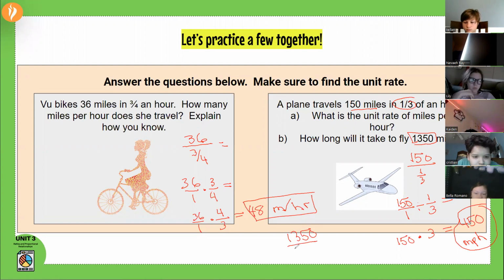We're dividing by 450, and the answer is it would take them 3 hours, and a lot of you got that right. Good job. Okay, so don't be scared of fractions. Even though it's fractions, we're still doing what we did last week. We're just dividing. Last week we focused on prices. So last week we were focusing on the total price divided by the quantity. These are just complex fractions, no big deal.